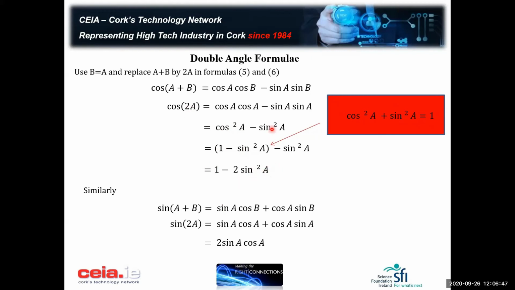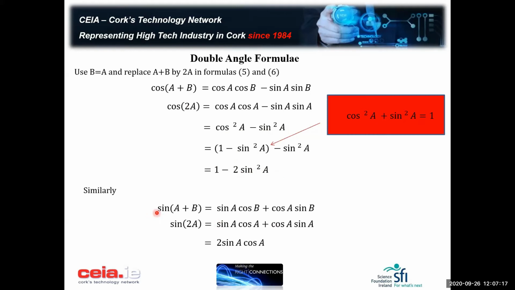We could also have replaced sine squared using this identity by 1 minus cosine squared, which would have given us 2 cosine squared minus 1 as an alternative version for cos 2A. It was an exam question a couple of years ago to do exactly that, a particularly easy exam question. We'll show that in a few minutes' time.